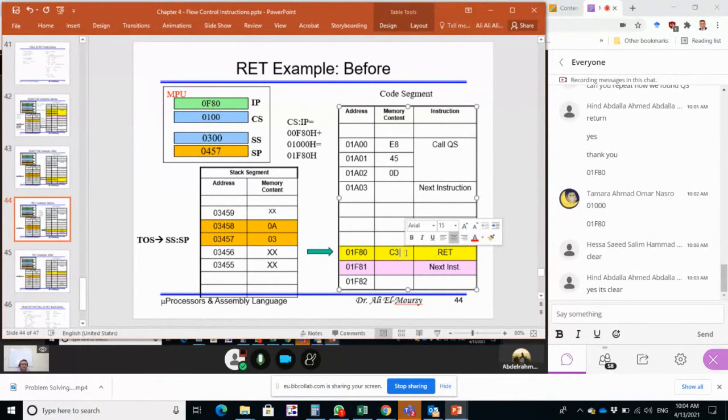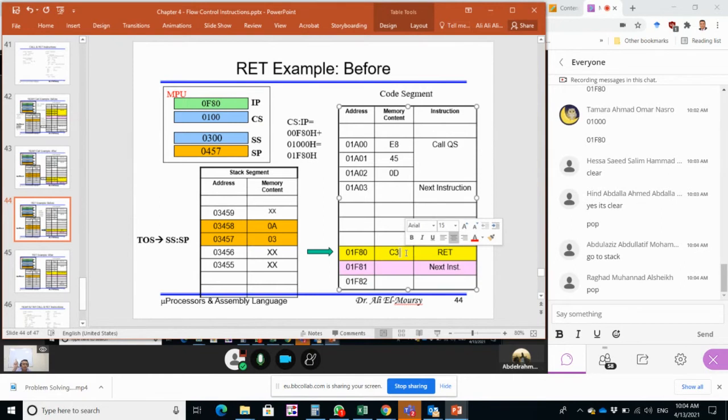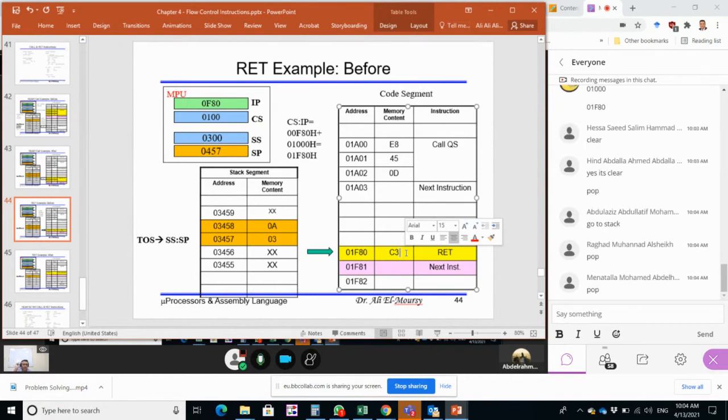What are those 2 operations of the return? Let's name it. Pop to get the new IP address, where to jump. So it will pop from where? We go to the top of the stack. Where is the top of the stack?